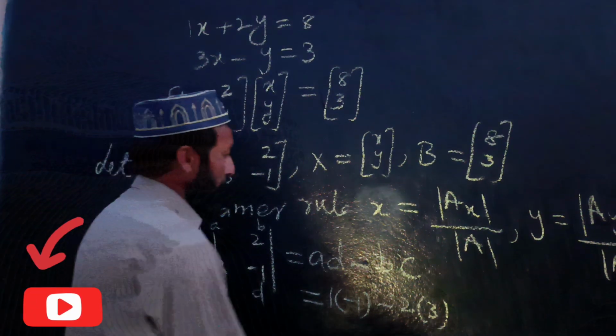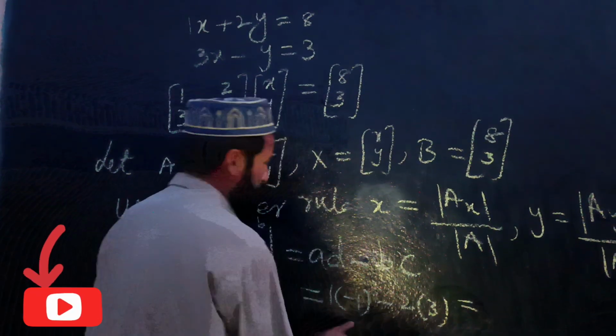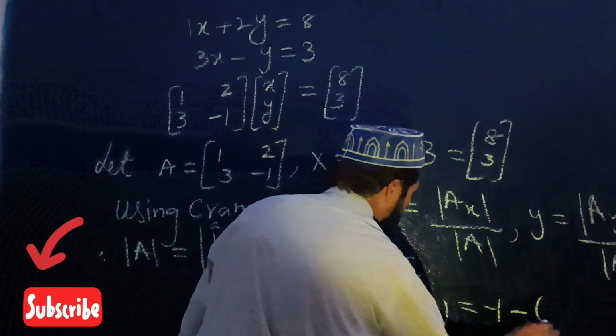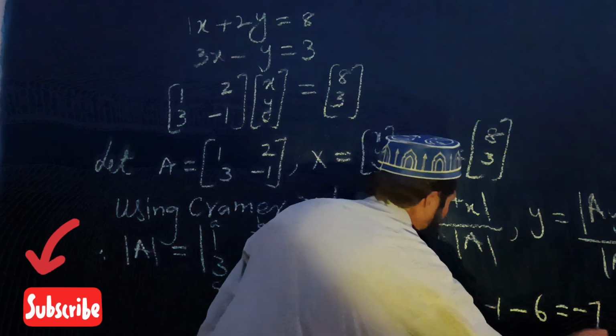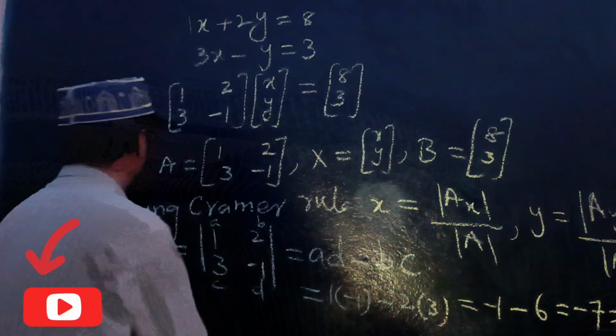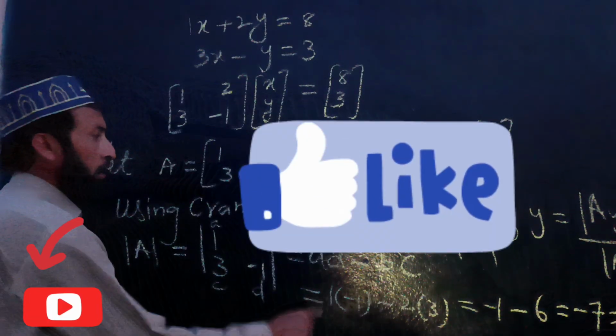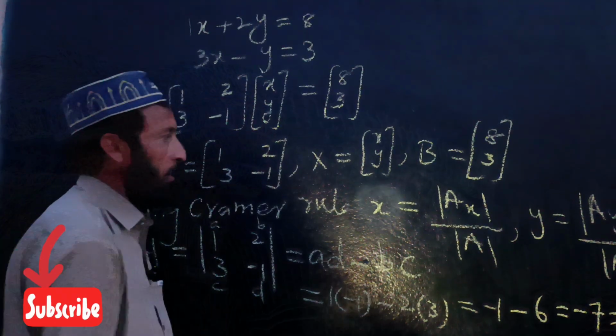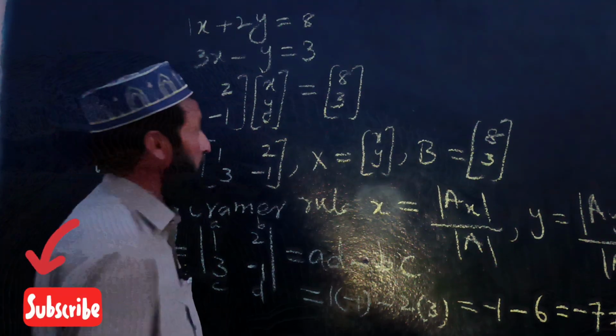Multiplying, we get minus 1 minus 6, which is equal to minus 7, not equal to 0. So the determinant of A is minus 7. A is a non-singular matrix, so Cramer's rule exists.